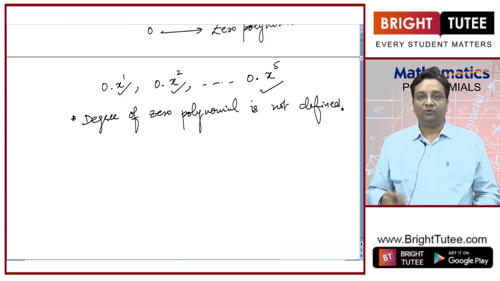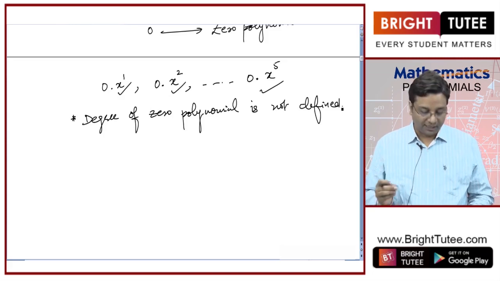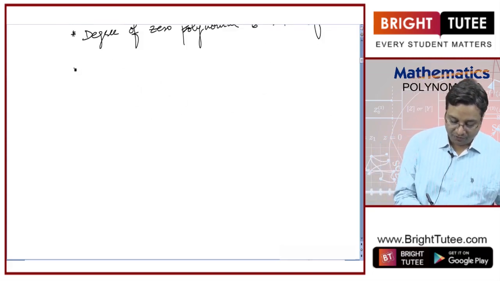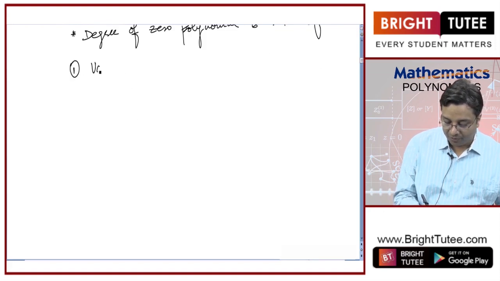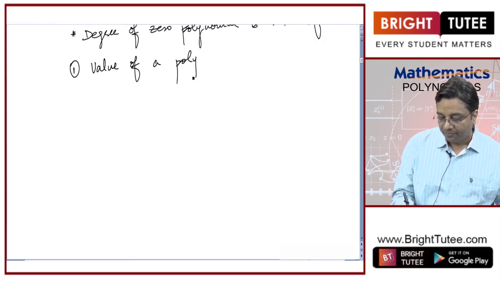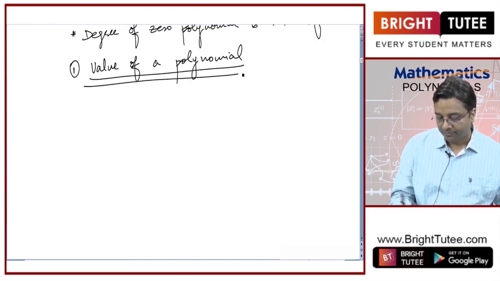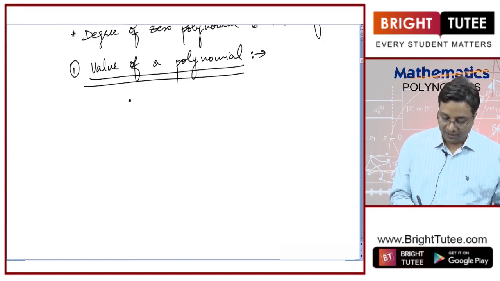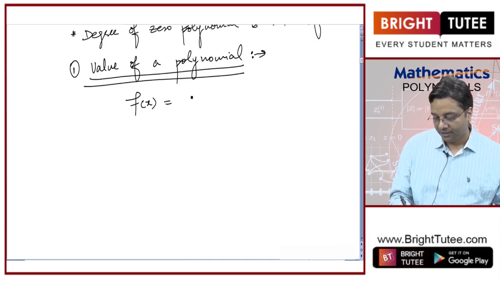right? So moving on, let's come to class 10th topic, which says, let us say first of all we take value of a polynomial. Right? We can write polynomials like this: f of x is equal to, let us take x plus 3.